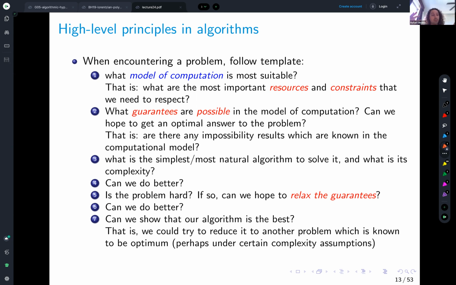This is something that we didn't discuss here, but if you would like to learn more about it, you can look at complexity courses, where there is a very cool field which has recently emerged, in the last 10 years, called fine-grained complexity.